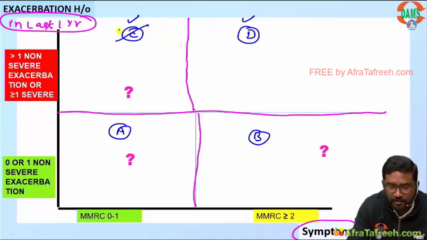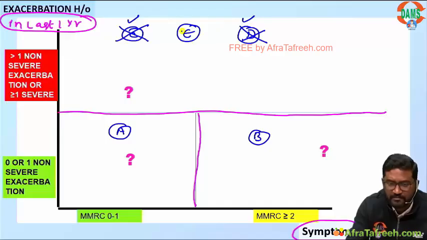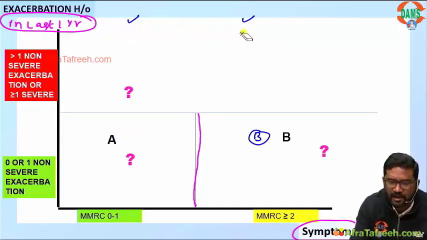So there is no point in classifying them into C and D. So they have merged them into a single group called E. So now it is COPD A, B, E assessment.